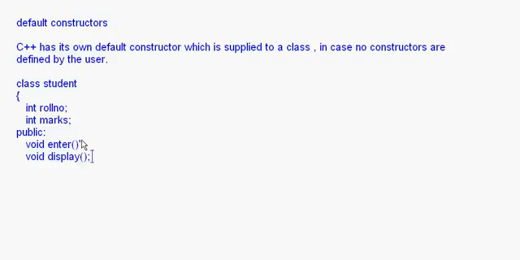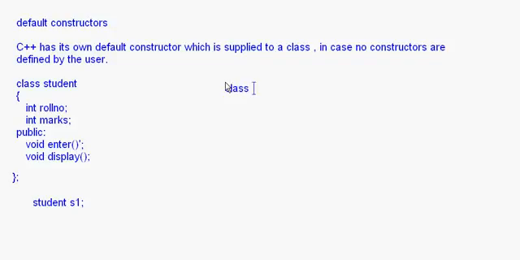Okay, so this is one way of writing our programs without a constructor. This is the end of the class, right? Now in this case, when I make an object of the student class S1, the object is made and the default constructor provided by C++ is called, fine.